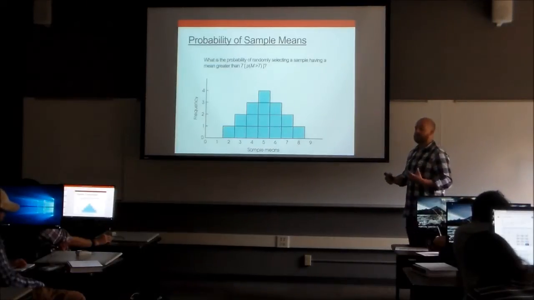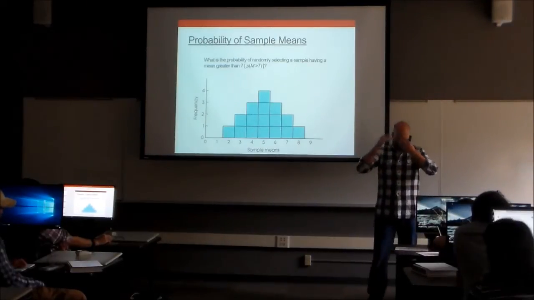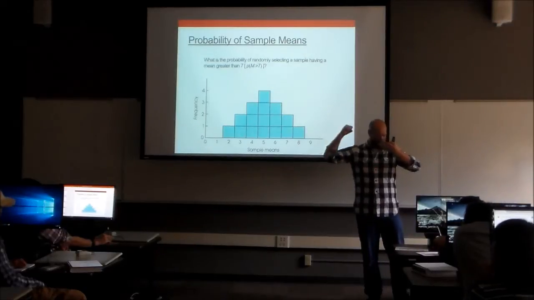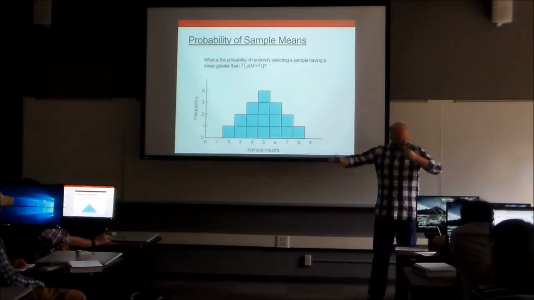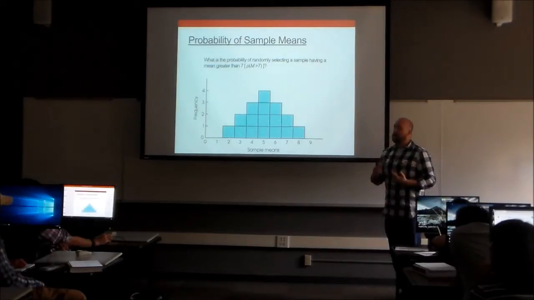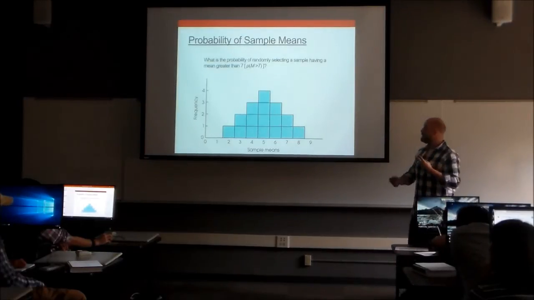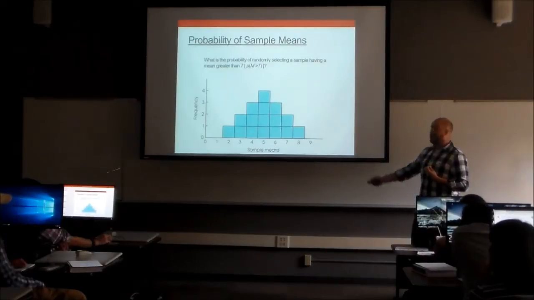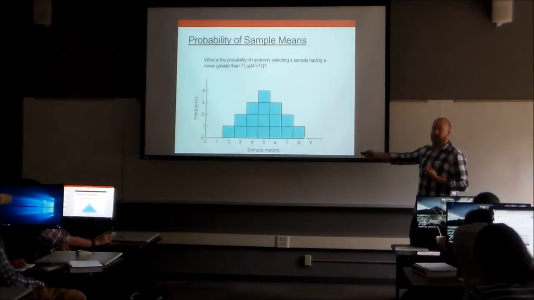So if I've got these 4 scores, and I reach around, and I grab one, pull it out, register it, put it back, reach around, grab another one, pull it out, the likelihood that the mean of that sample of 2 cases is going to be greater than 7, there's only one possible way that can happen, right?